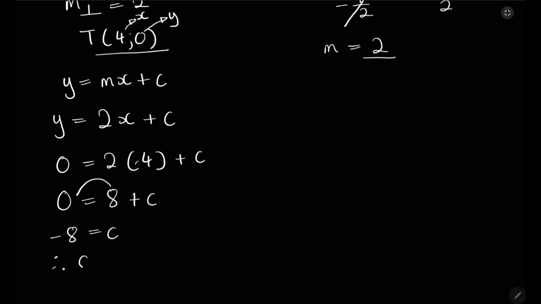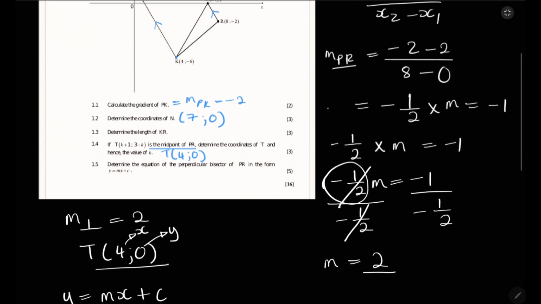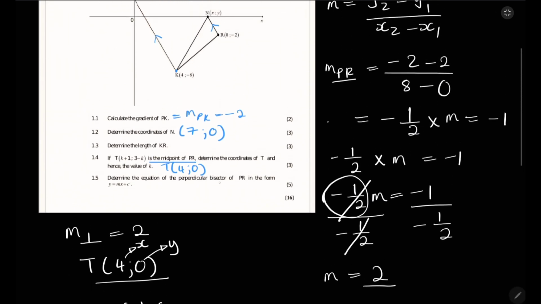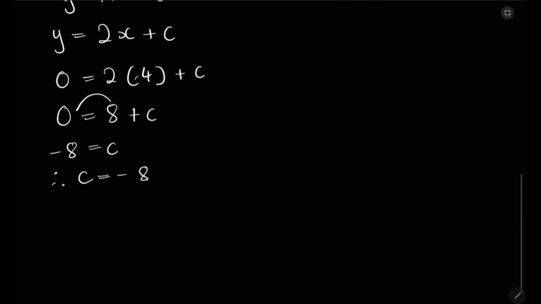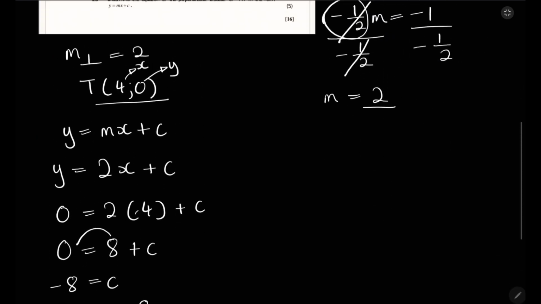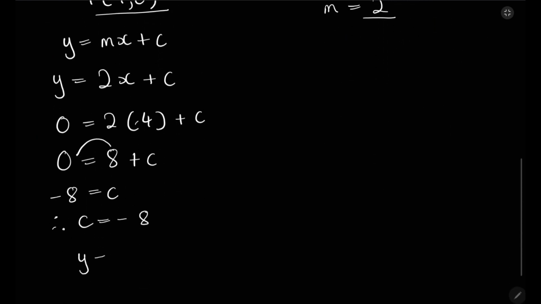And therefore, c is equal to -8. Now, we still haven't fully answered the question. It says, determine the equation of the perpendicular bisector of PR in the form y = mx + c. Your final answer will be y = 2x + c, we've calculated c, it's -8. So it should be y = 2x - 8.